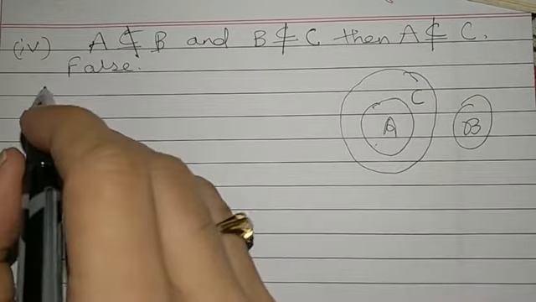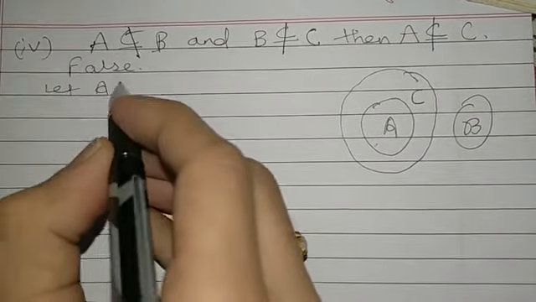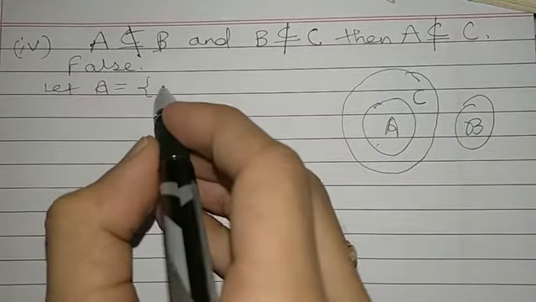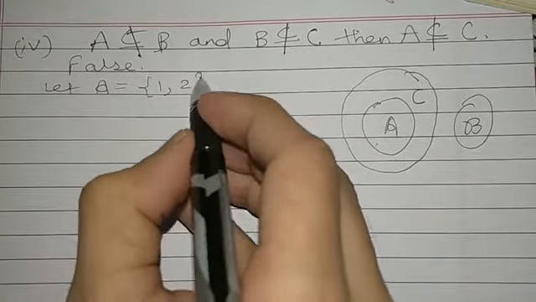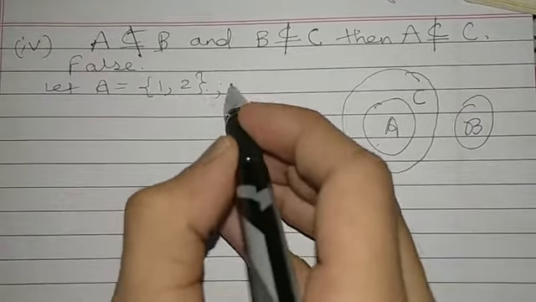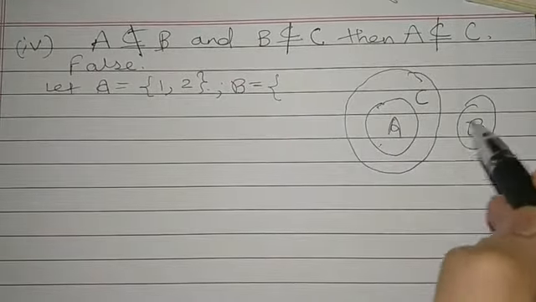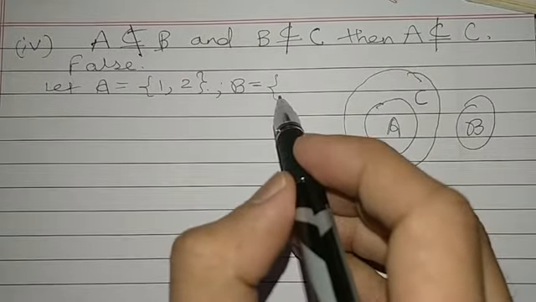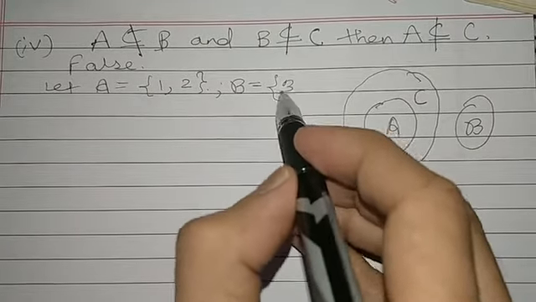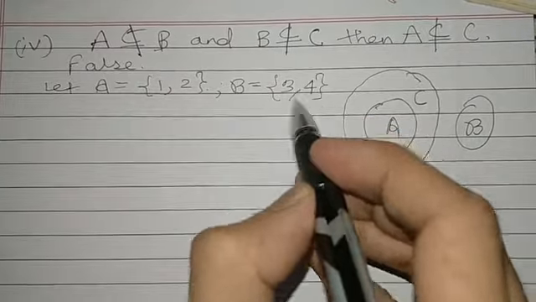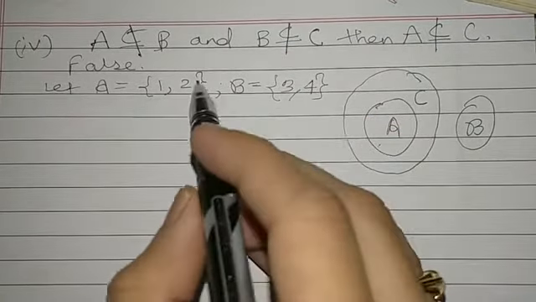So let us take sets. Let A be equal to say {1, 2}, and B we are taking totally disjoint from A, so you can take it as {3, 4}.